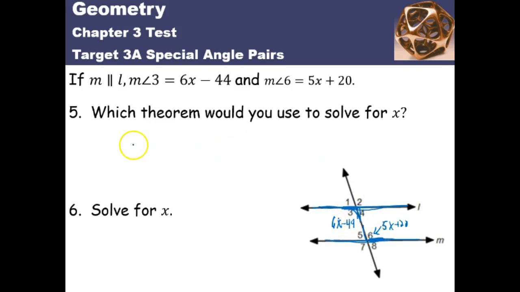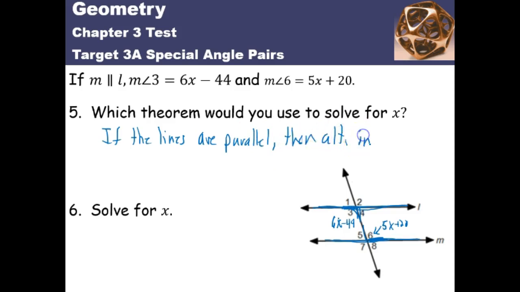So they're alternate interior. So the theorem I would use is, if the lines are parallel, then alternate interior angles are equal or congruent.